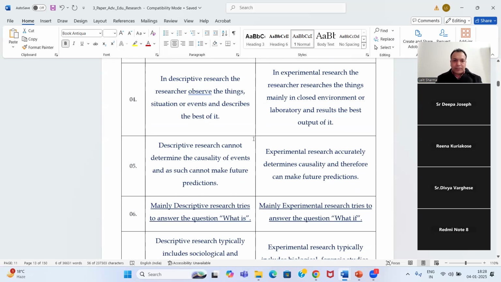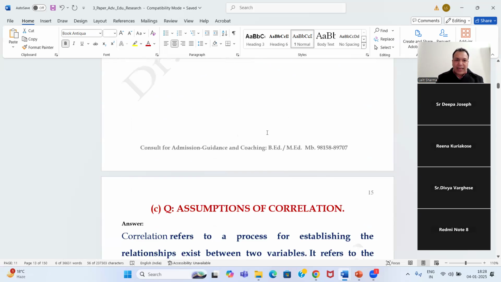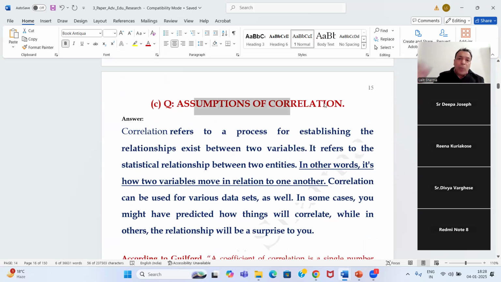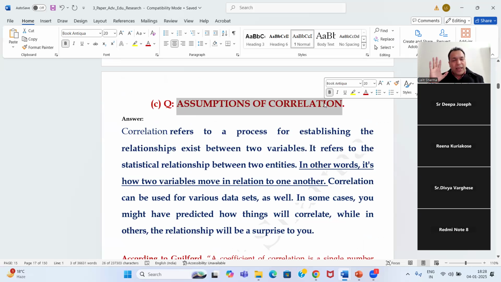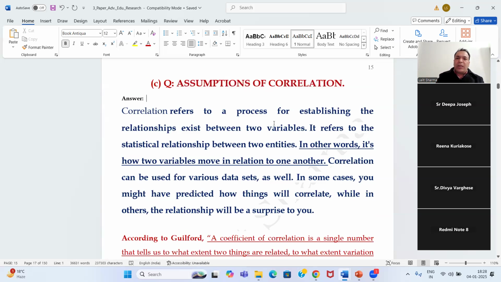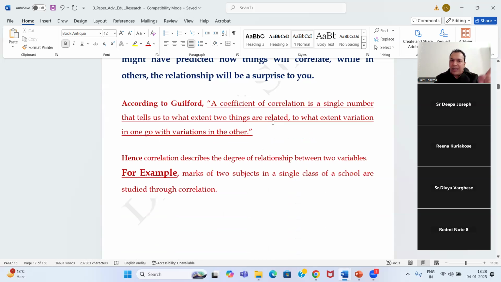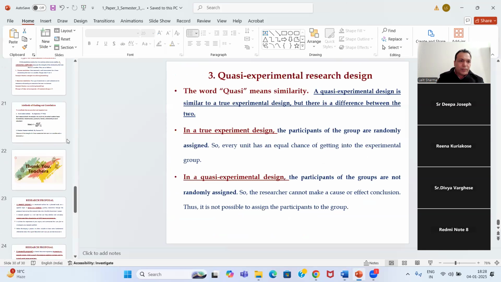So we have discussed assumptions, and these are the most important. I tell all of you, do the assumption of correlation, assumption of regression, and assumption of ANOVA. 100% questions would come. All three assumptions are important, which we have already cleared. Side by side, I open the PPT also.